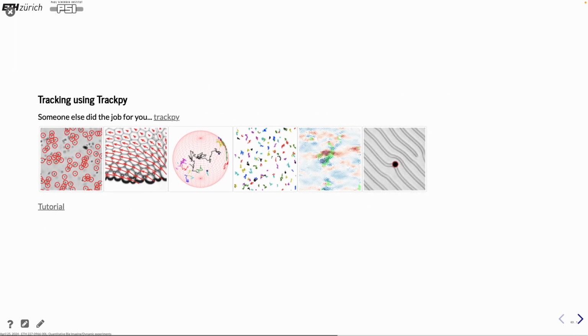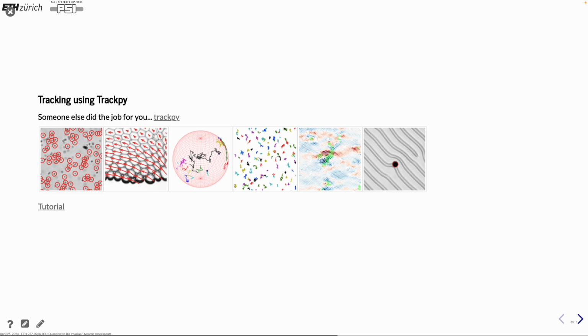Tracking is a very common task, and therefore people have also developed toolboxes for doing it. Here is one called TrackPy, and there are a lot of nice tutorials on how you can do tracking for different use cases. Here they have their showcases of how tracking is done using TrackPy.